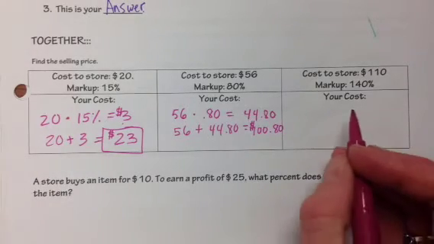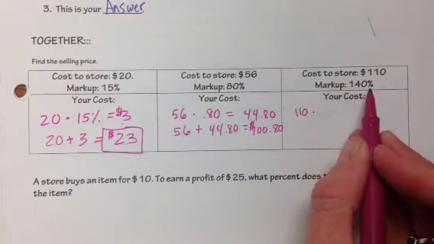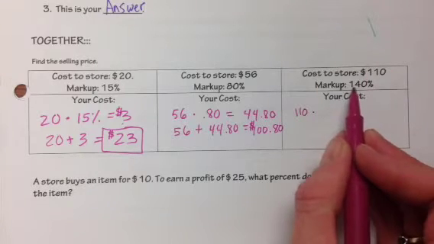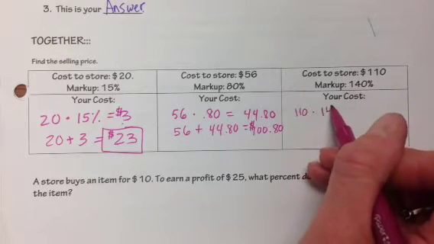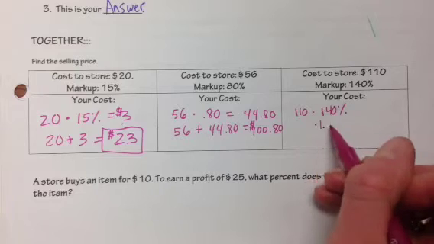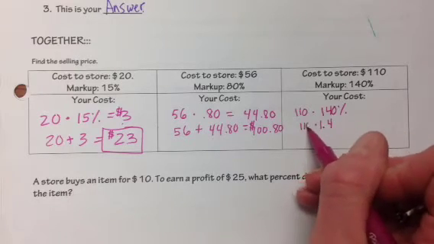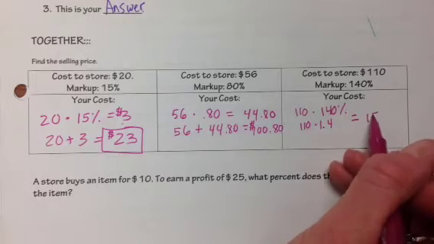All right, the last one, cost to the store is $110 times, now this is 140%, so you have to really be careful because some of you might want to say 0.140. So you either need to use 140 and the percent sign, or this would actually be 1.4 as a decimal. Anyhow, those are going to equal 110 times 1.4, $154.